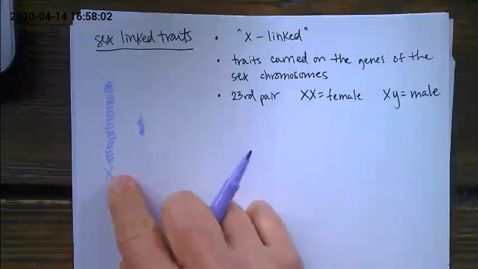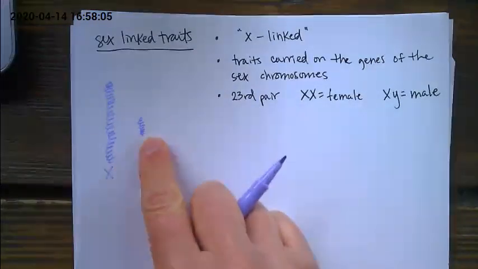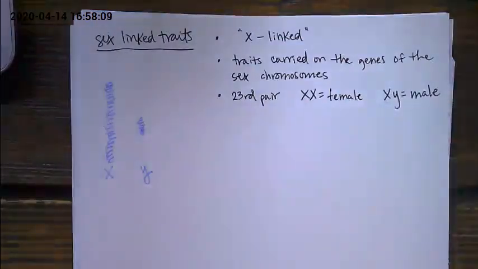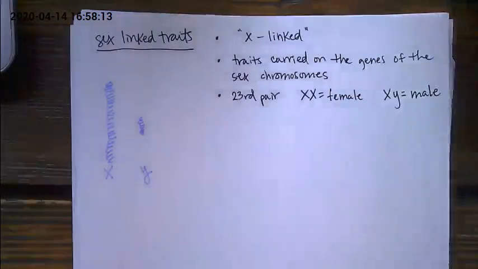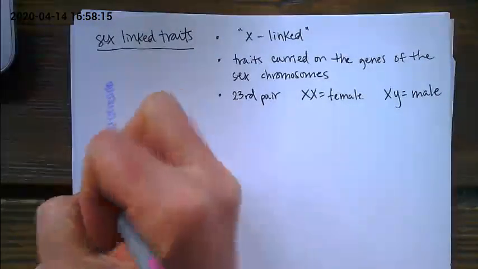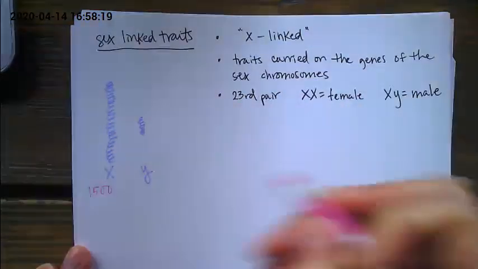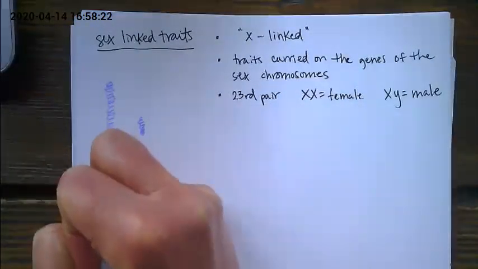All right, so this is the X chromosome, and you'll see that it's much, much bigger. This is the Y chromosome, and you see how it's pretty small. Purple's not showing up great. So the X chromosome is bigger, and it carries 1,500 genes.